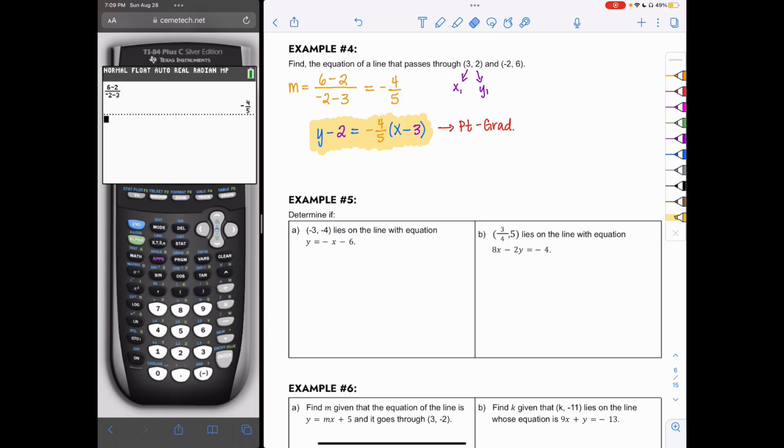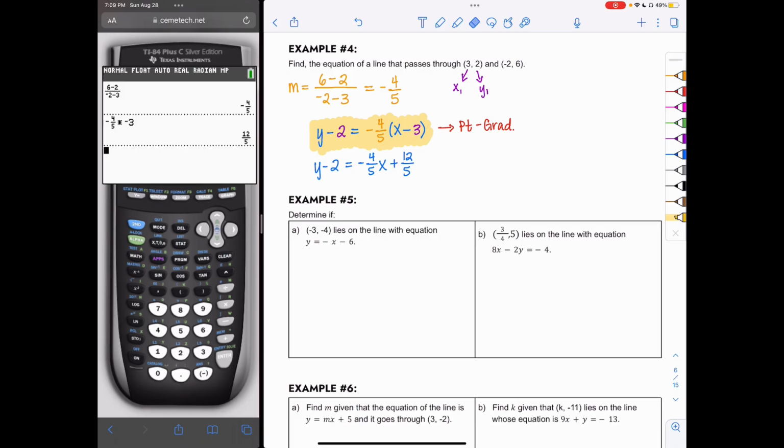However, if I wanted to turn this equation into gradient intercept form, I would have to distribute negative 4/5, and that will give me y minus 2 is equal to negative 4/5 x plus 12 over 5. If you needed to, you could do it in the calculator: negative 4/5 times negative 3, that's where the positive 12 over 5 comes from.